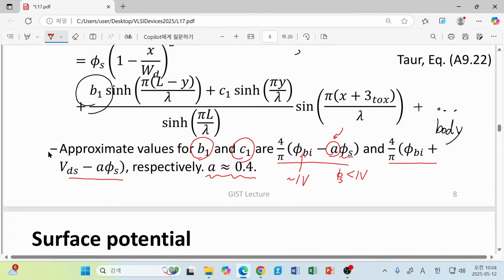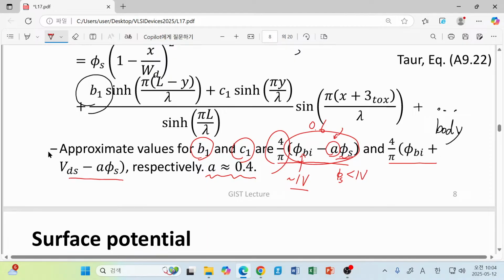So simply speaking, how can we understand the amplitude of this B1 coefficient? Even when you have 1, this corresponds to about 0.6, and you know 4 over pi is close to just number 1. So simply speaking, our B1 value is about 0 point something positive.